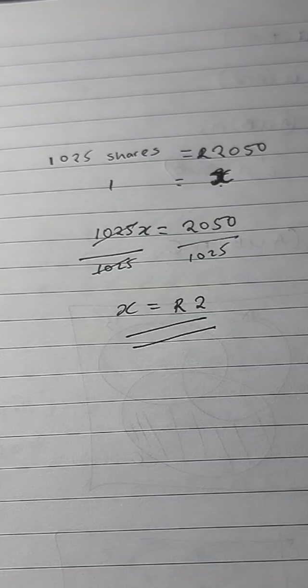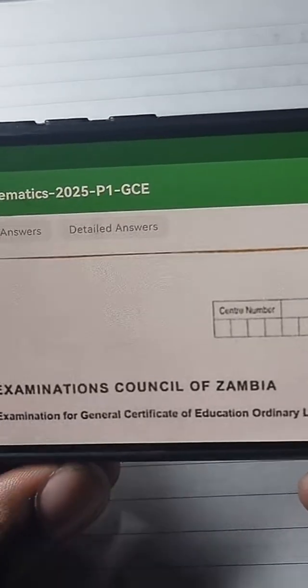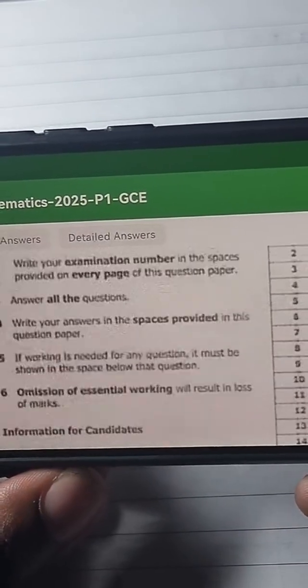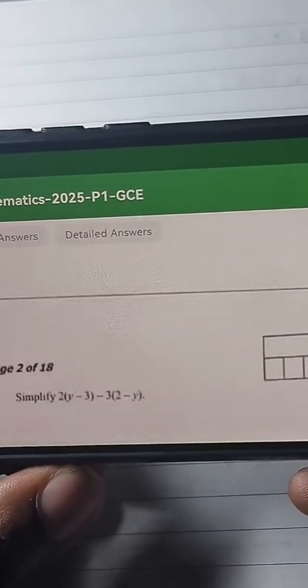They wish they were in Lusaka so they can join. Anyway, let's proceed. Let's go. I know. It's really sad.